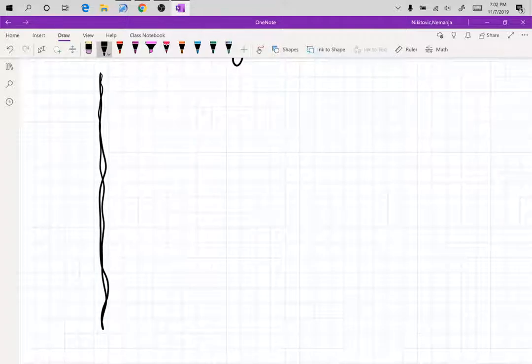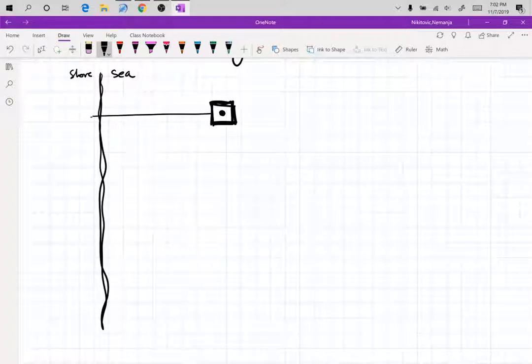I have a shore and a sea on this side, and I'm going to have an oil rig drilling and polluting at the same time. Sounds about right. So this oil rig is only 5 miles offshore, and you are not going to run a tanker back and forth because it's so close.